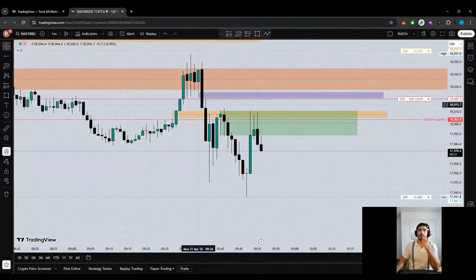And now that it left relatively equal highs up here, I'm even more willing to leave my sell limit there.